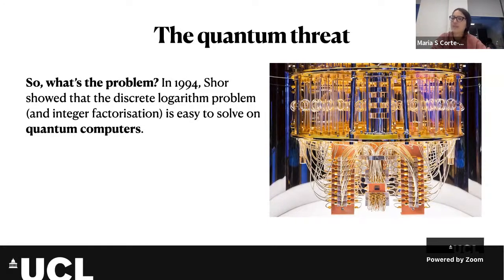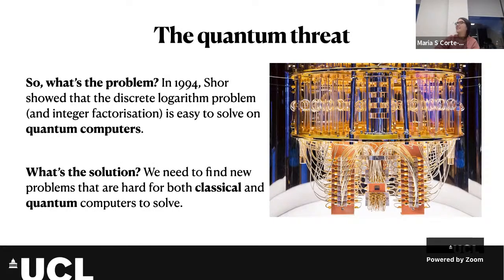And so this means that none of the cryptographic primitives that we build on top of this hard problem are secure anymore, at least not in the presence of quantum computers. As well as this, the problem that underlies the security of RSA, the hardness of factorizing integers, will also be broken with a very similar algorithm. And so really all public key cryptography that is deployed today will be broken by quantum computers.